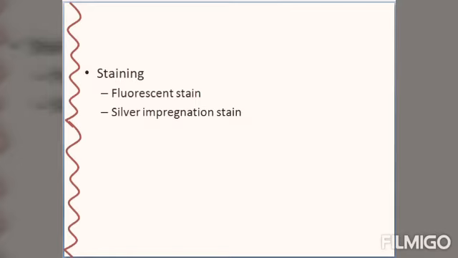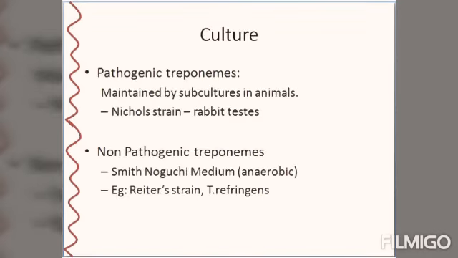It also needs special staining techniques, that is, fluorescent stain and silver impregnation stain. About the cultural characteristics, this pathogenic Treponema can be maintained only by animal inoculation. It can't grow in artificial culture media, whereas the non-pathogenic treponemes will grow on anaerobic culture media.